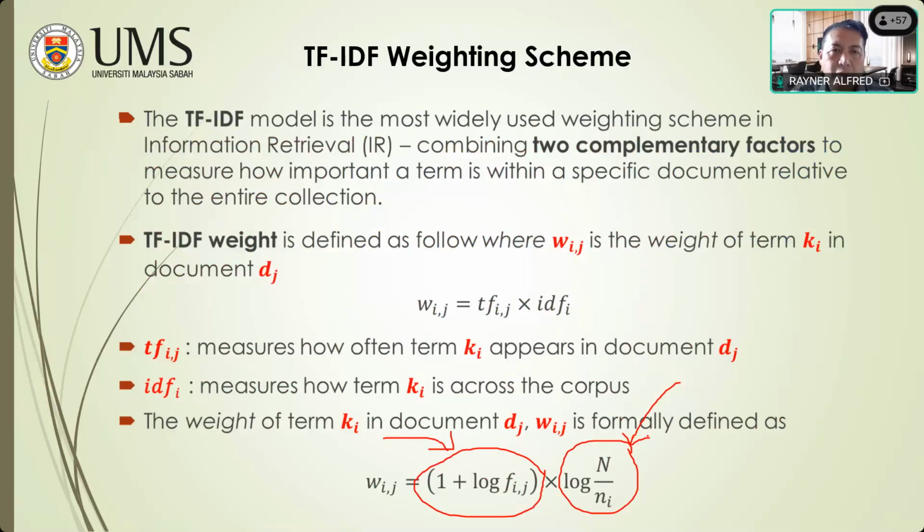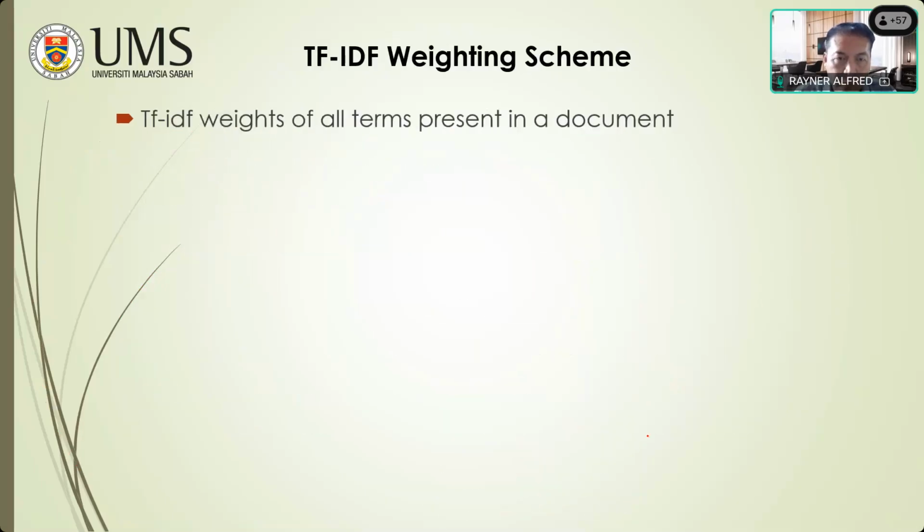For the TF-IDF weighting scheme, we assume that individual items are independent of each other. So we don't capture 2 terms, we only capture 1 term at a time. Per row will give you the weight of that particular term and also the IDF for that particular term. Okay, so you have to know this formula.